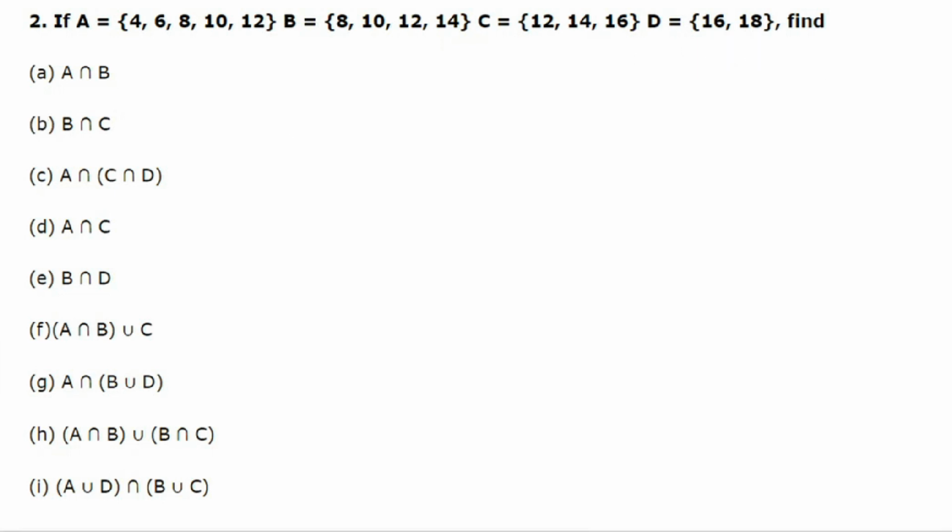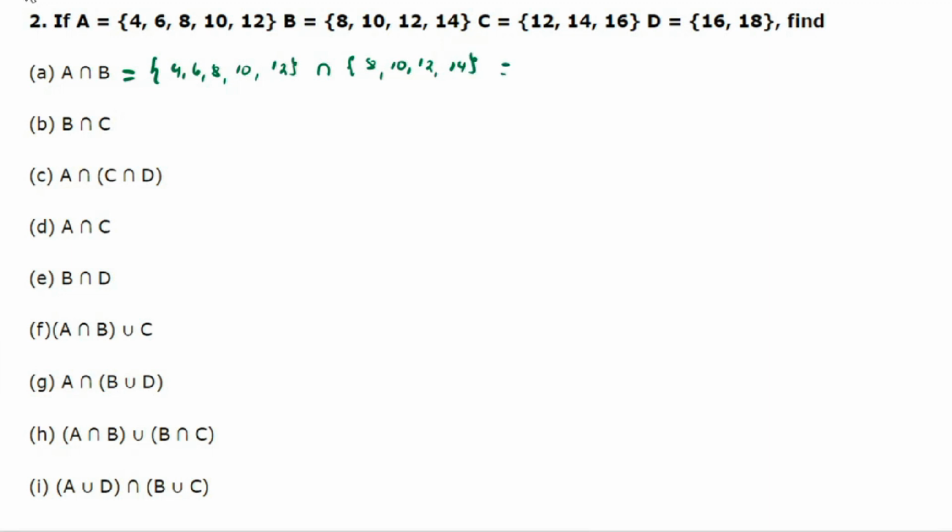Find A intersection B. Take note from the word intersection, we are trying to find the elements that are common between the two sets. I will write my solution in detail. Let's try A intersection B. I will write A first: 4, 6, 8, 10, 12, intersection B, whose elements are 8, 10, 12, and 14.